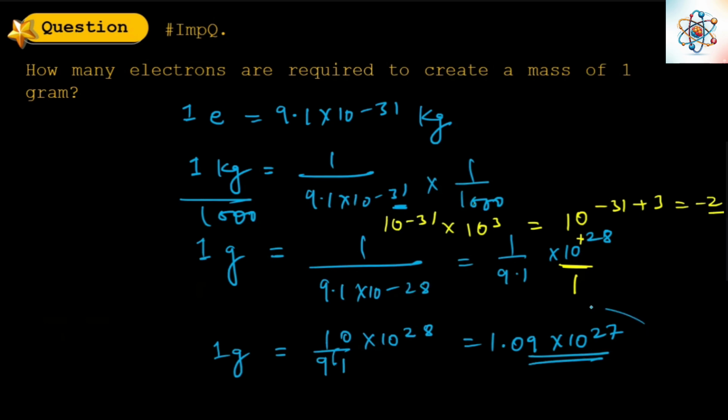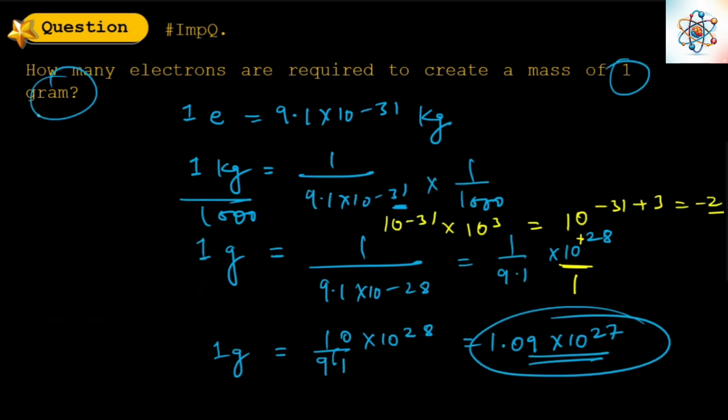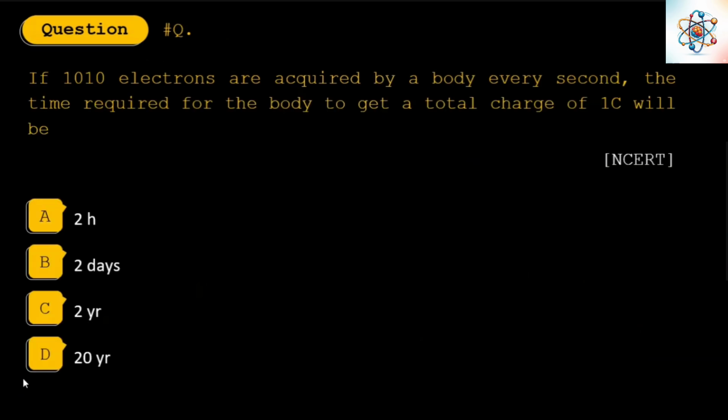This many electrons are required to create 1 gram of mass. Again, that's a huge number. Let's move ahead. Another question.